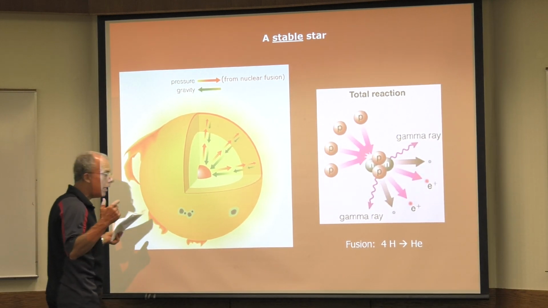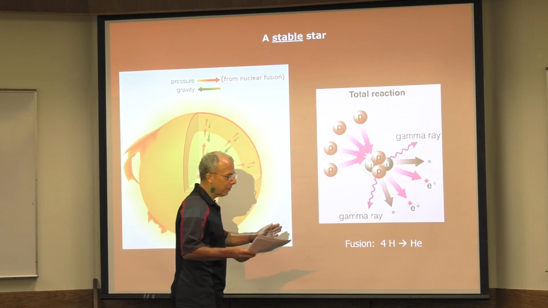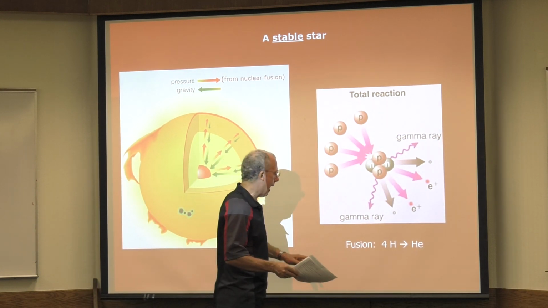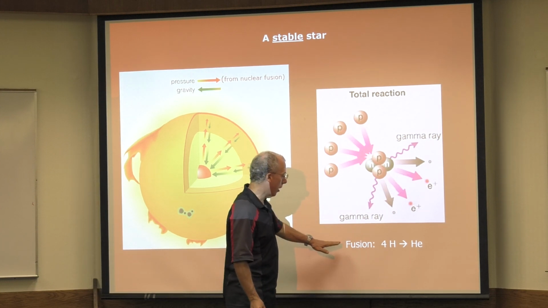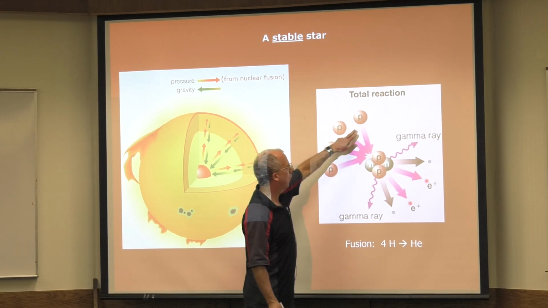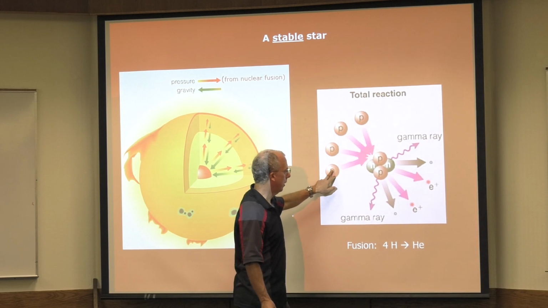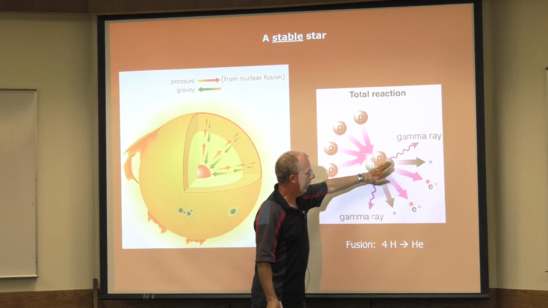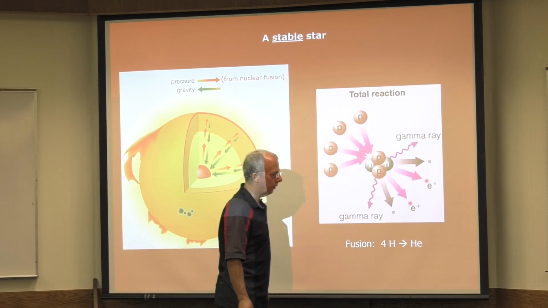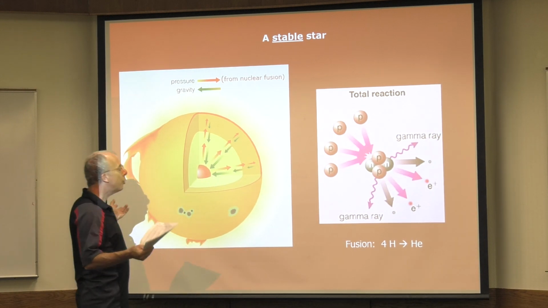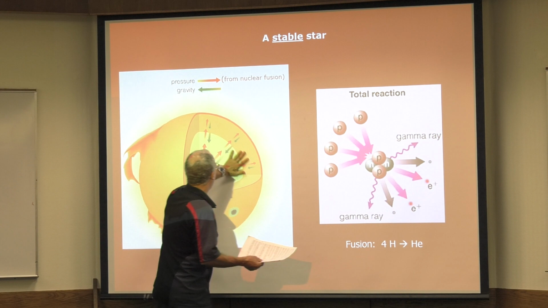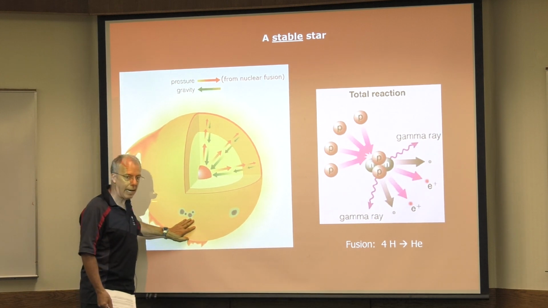Now, here's what happens initially. This is the first fusion reaction for a normal-sized star like our sun. It's called hydrogen fusion. So 4 protons fuse to make a helium, and then you have all this stuff given off, okay? We don't worry about all the details. Now, this is mostly a hydrogen gas cloud.